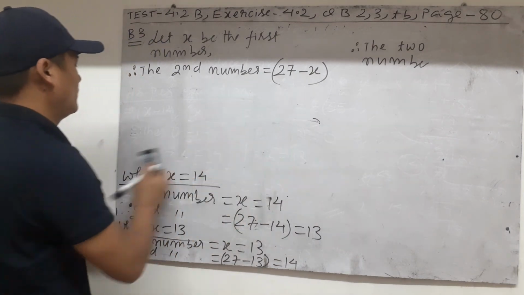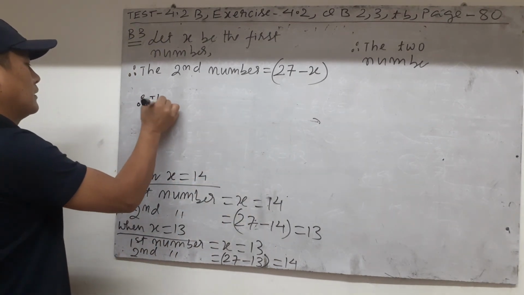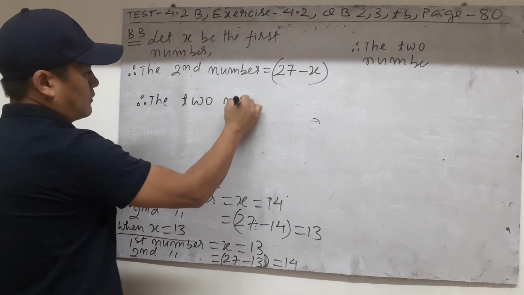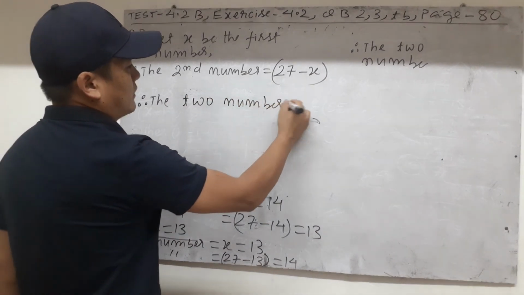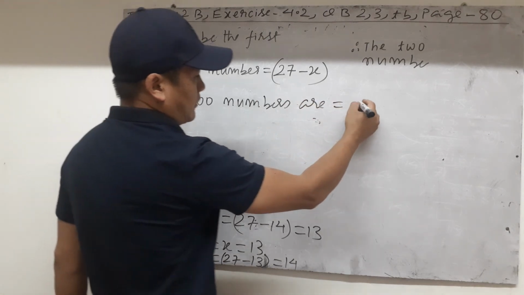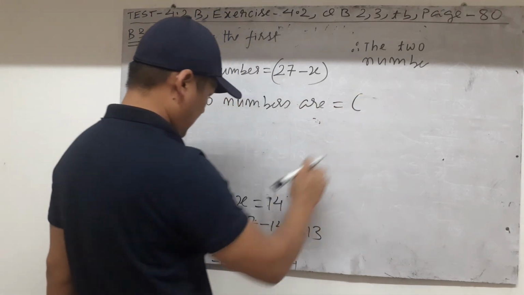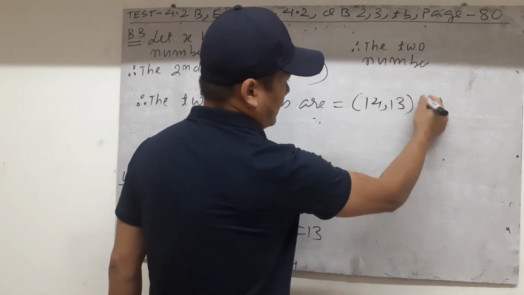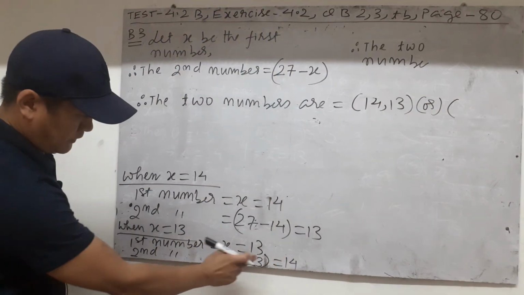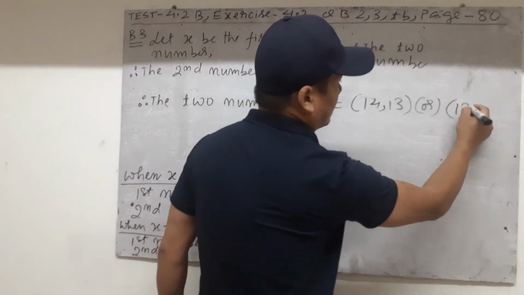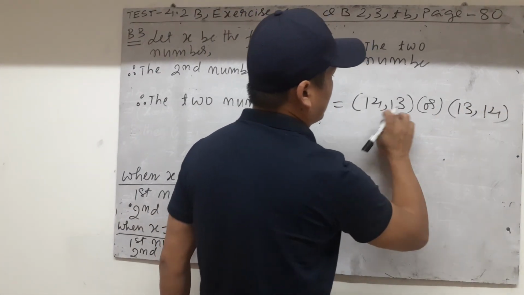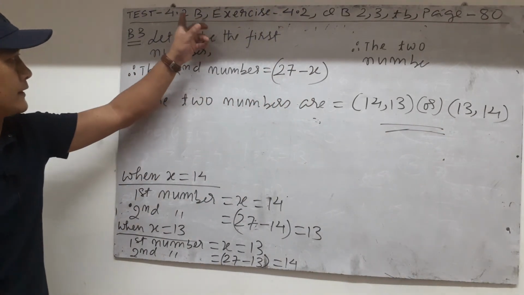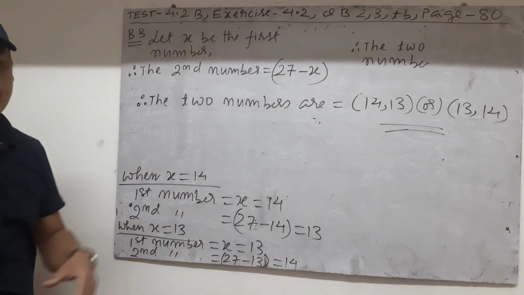Therefore, after this you write, okay, the two numbers are equal to first number 14, then second number 13, or this is also correct: when first number is 13, the second number is 14. 13, 14 or 14, 13, both are correct. So that concludes the part for test 4.2b.